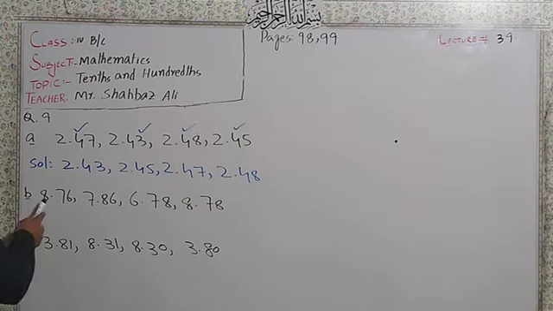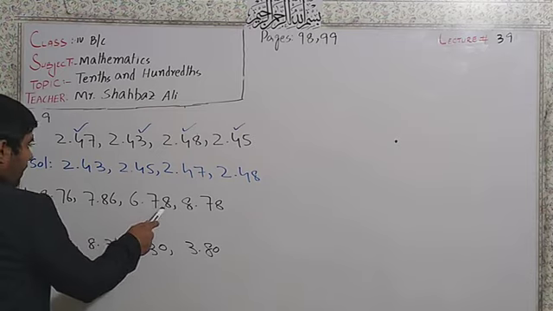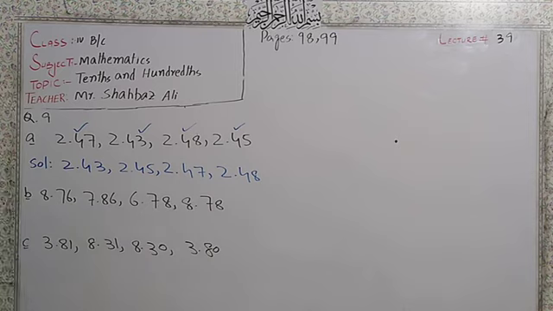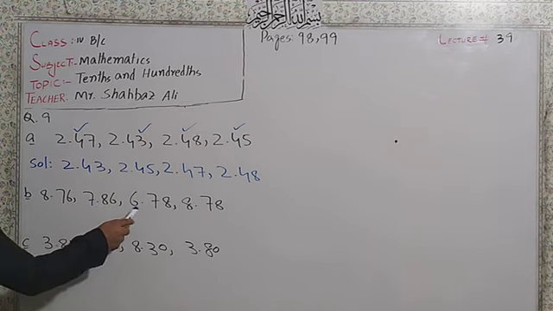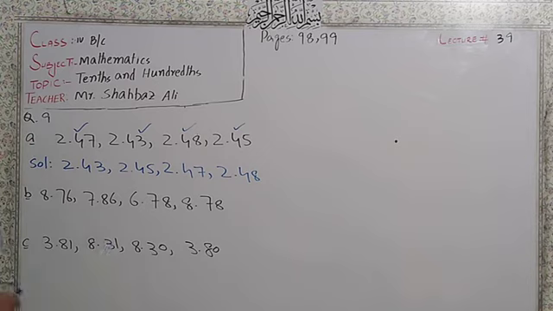Same here in part B, we have 8.76, 7.86, 6.78, 8.78. First of all, we see before the point, this is 8, this is 7, this is 6, this is 8. This is smaller because this is 6.